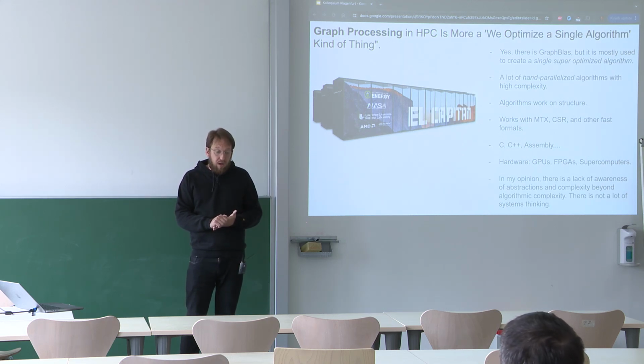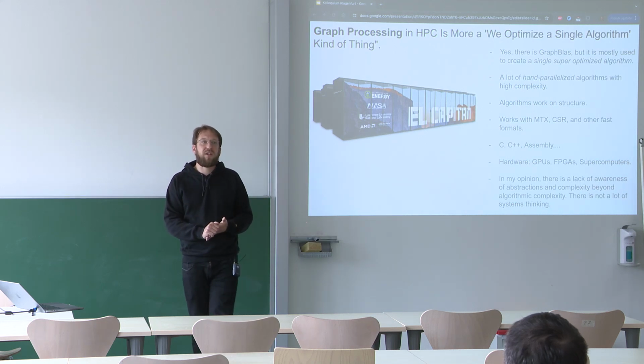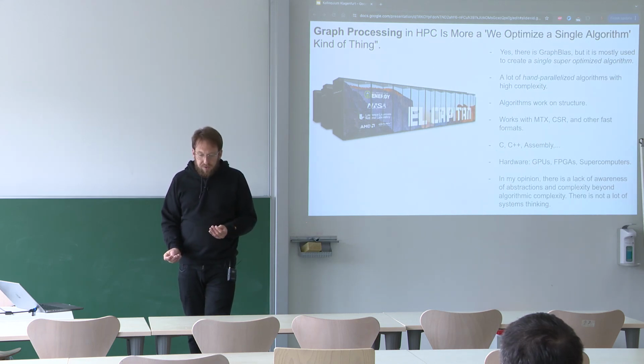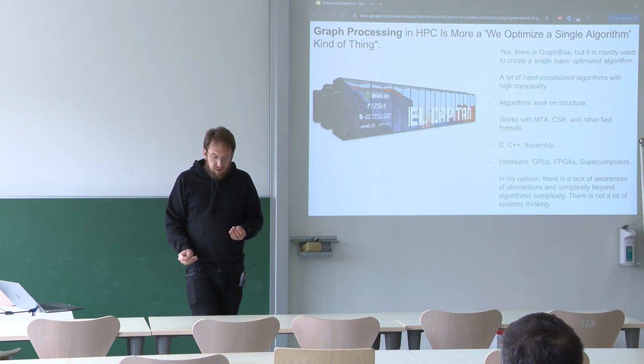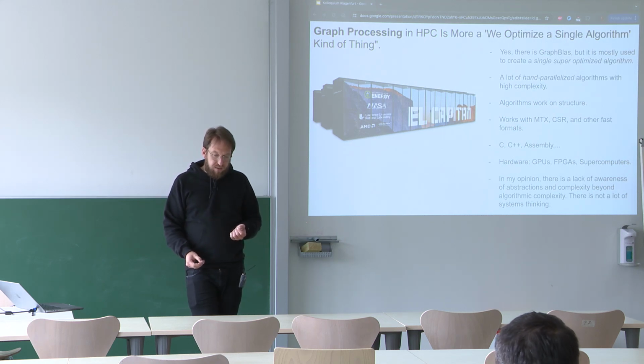So memory access is not predictable. And there are people that use generations of PhD students to actually implement one algorithm fast on, let's say, one of these hardware accelerators.